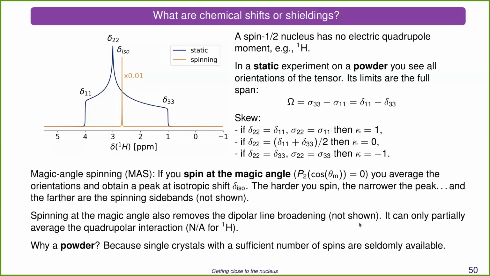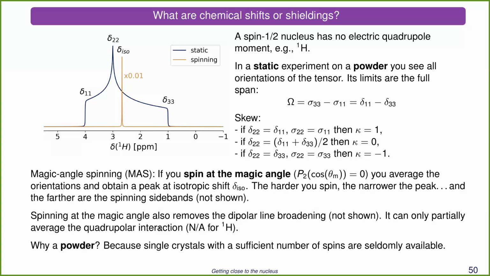But by spinning, you actually can also remove those. That's one of the big actions for that. You can also remove the quadrupolar interaction, but not completely, or only in some approximation, but certainly not completely. But for hydrogen 1, this is not an issue because it has no quadrupole.